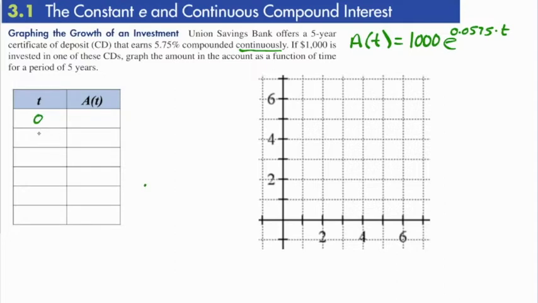Now we can fill out our chart here. When time is 0, 0 for t would give us an exponent of 0, and anything raised to the 0 power is 1. So we have our initial investment. No time has passed, so we still have our $1,000.